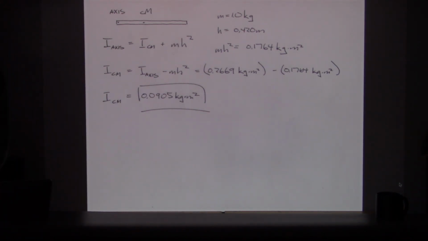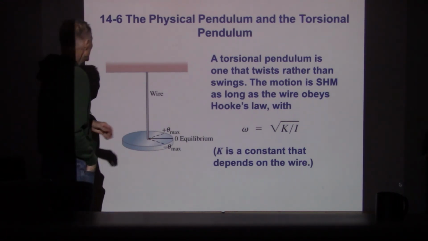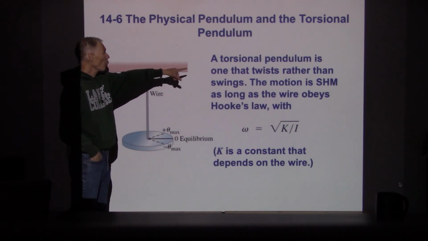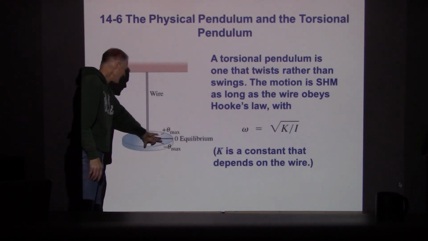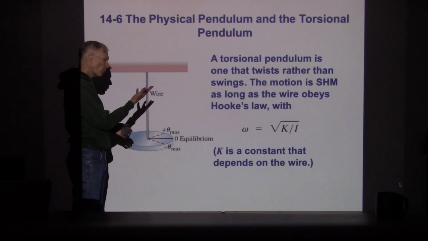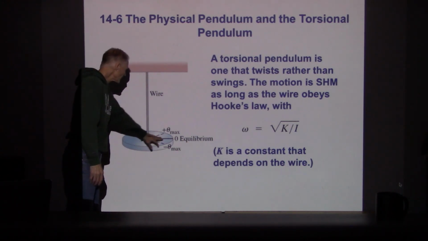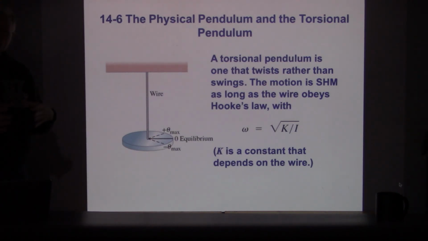Anyway, kind of interesting that we can go through and do these oscillations and figure out rotational inertias. Now there's kind of a similar sort of what's called a torsional pendulum, where we can allow a mass, it doesn't have to be disc-shaped, but something where the wire is under torsion. So you can see the way this thing is oscillating around a vertical axis, and the wire becomes twisted.